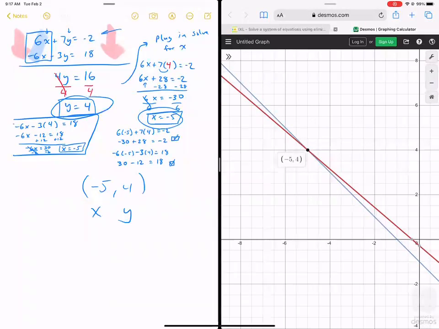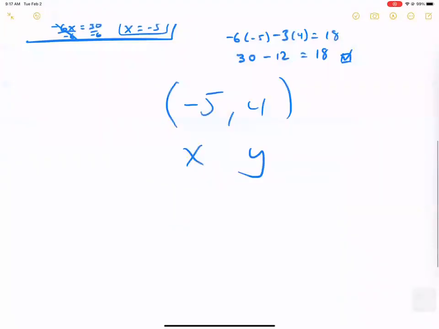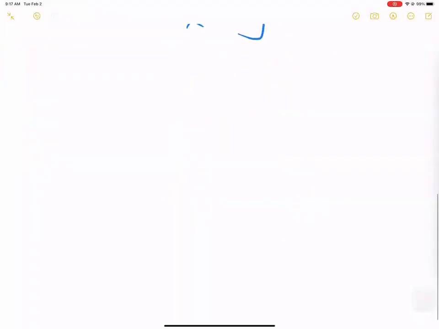Okay, here is our next problem. The problem is x plus 7y equals 17, and 2x minus 7y is equal to negative 8. All right, so we could change it for substitution.